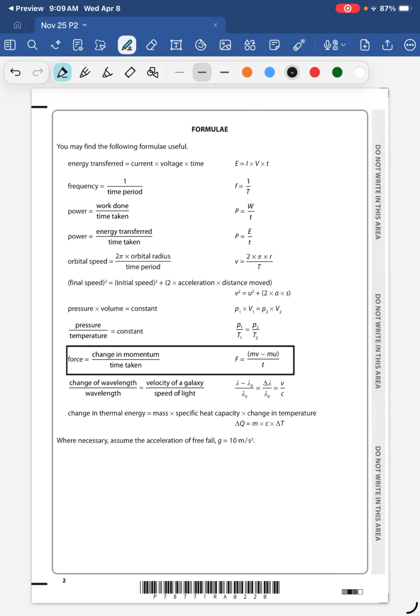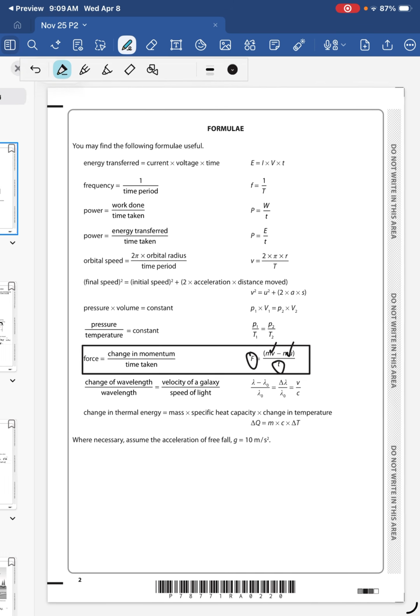This is Newton's second law. So force is change in momentum over time taken. So that's the formula. We know the force, we know the initial momentum, we know the final momentum. So we need to solve for time to find the answer.